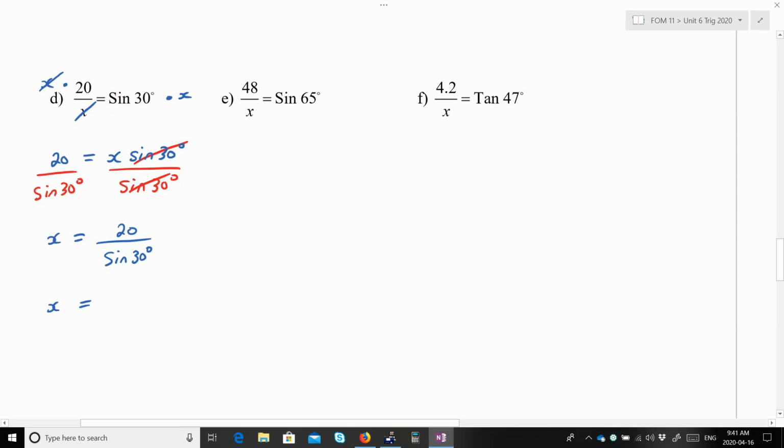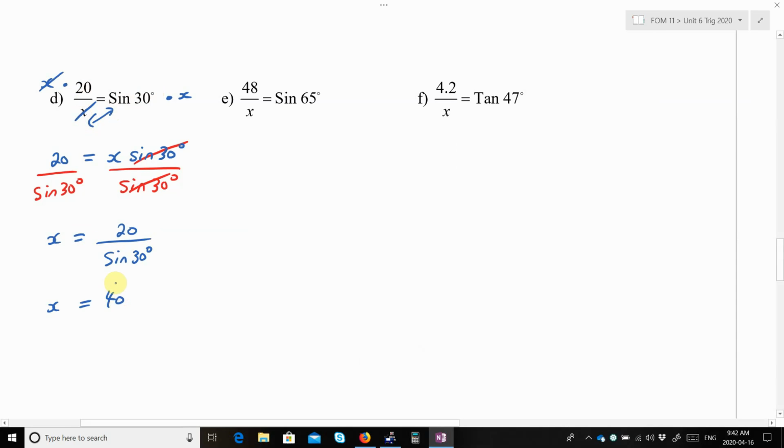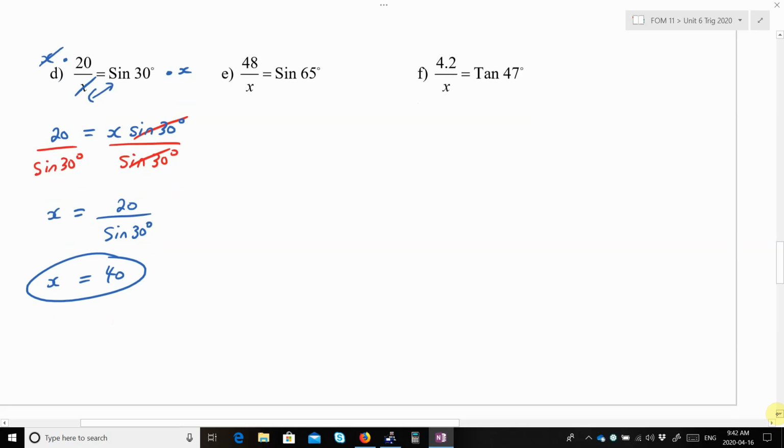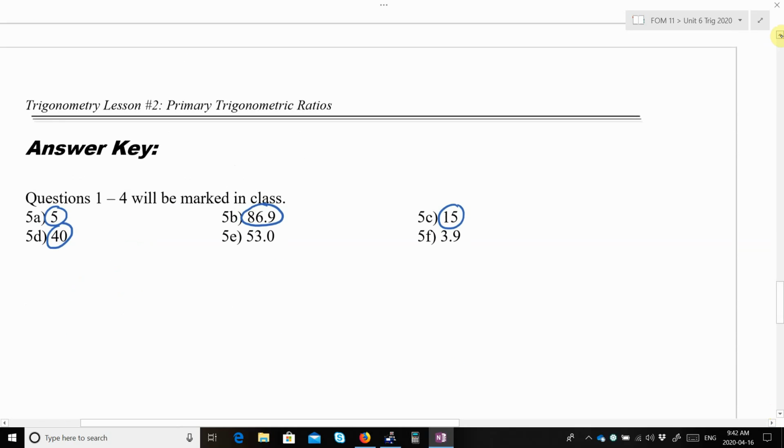So it's kind of like the x and the sine 30 just switch spots, but really those are the operations involved. 20 divided by sine 30, we get an answer of 40. X is 40, so that's a length. That's not an angle. And you can see D down here is 40.